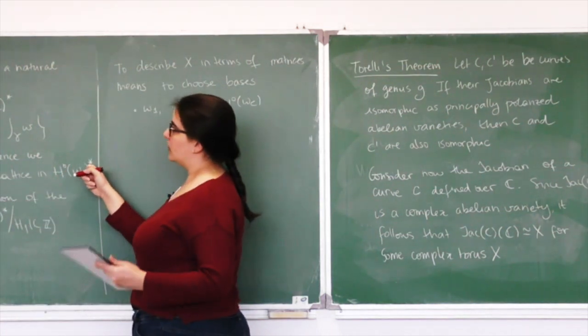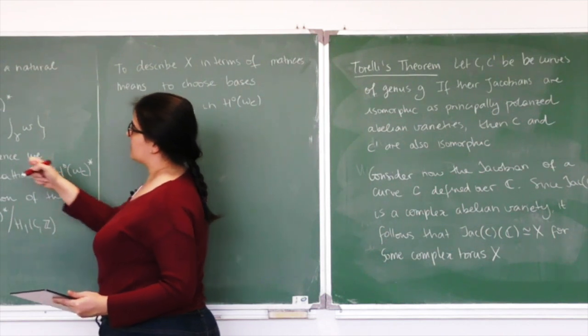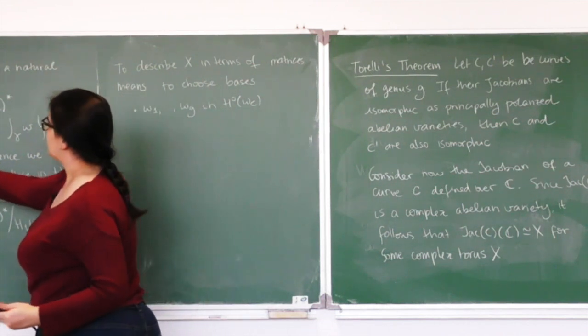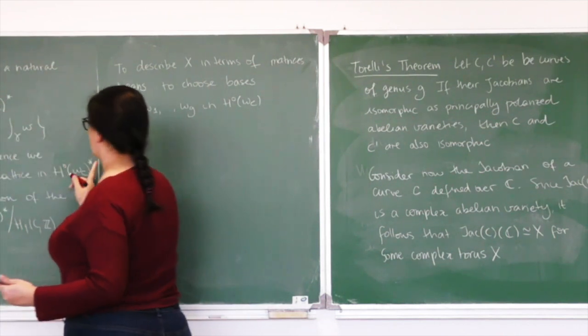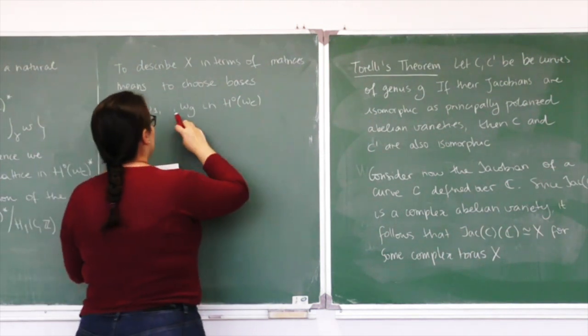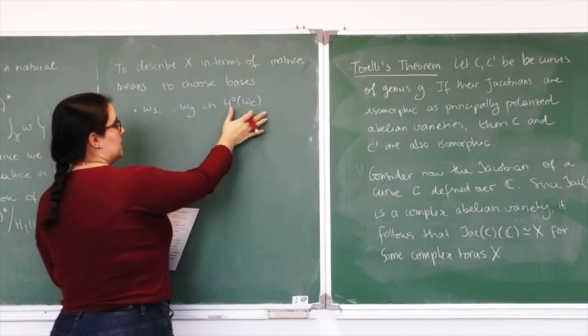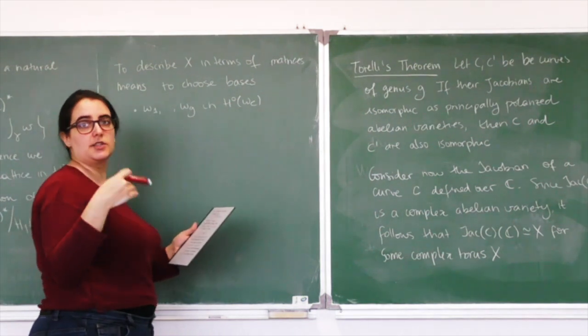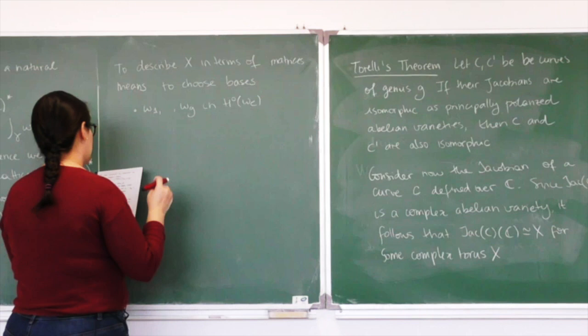Here I was missing dual. So this map gives us this as the lattice and this, so the dual. Anyway, back to where I was.